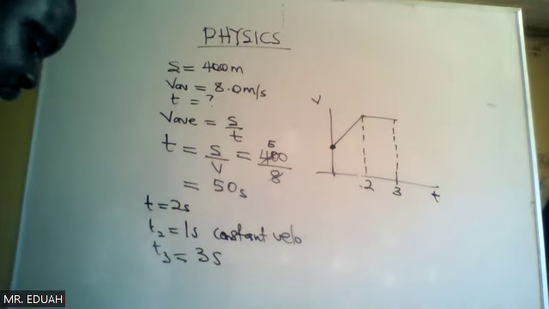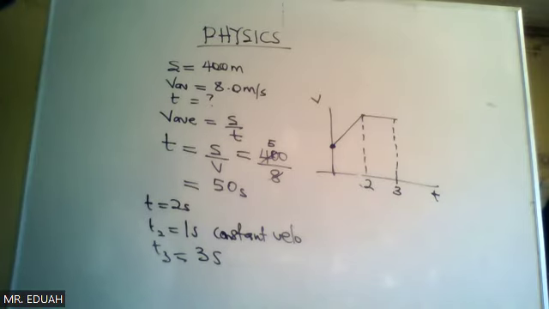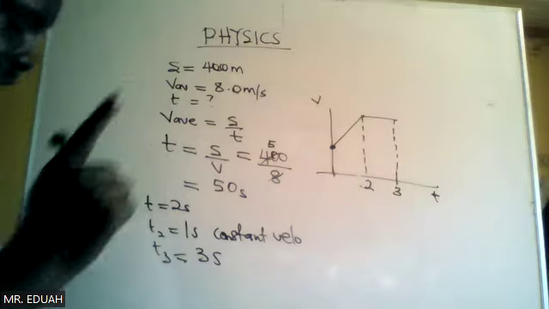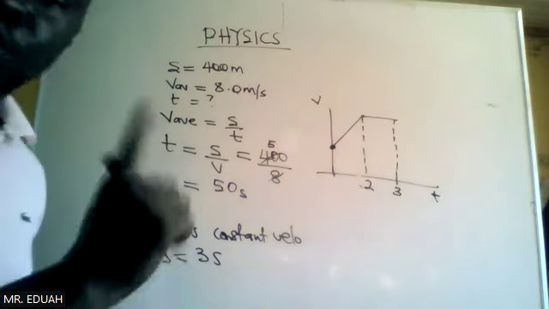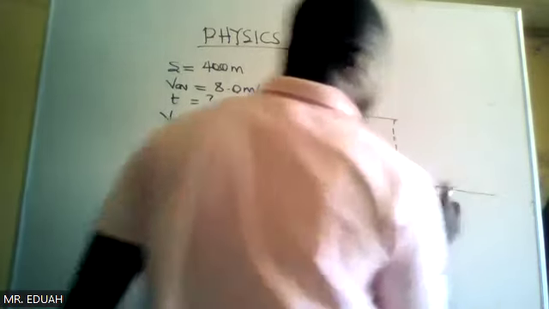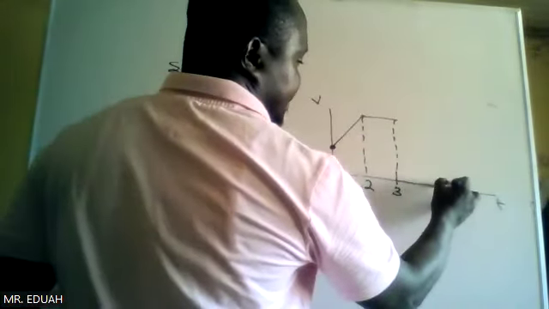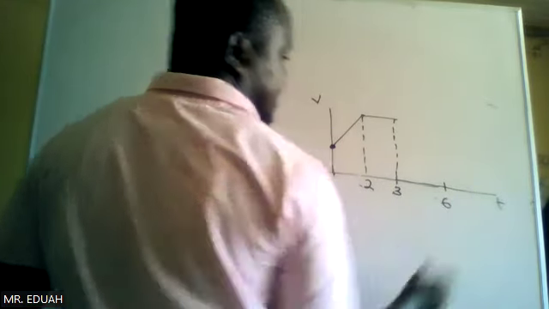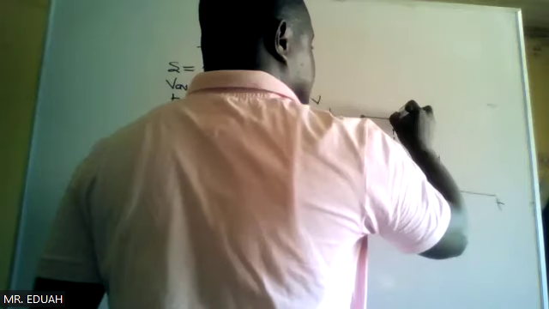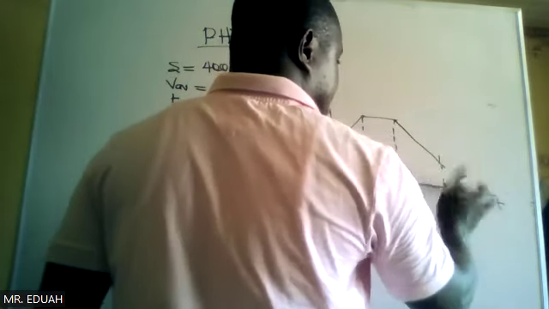Then it decelerates uniformly for 3 seconds. We are not told that it decelerated to rest. So 3 plus another 3 must give us 6, and this is the point where the body decelerates uniformly.